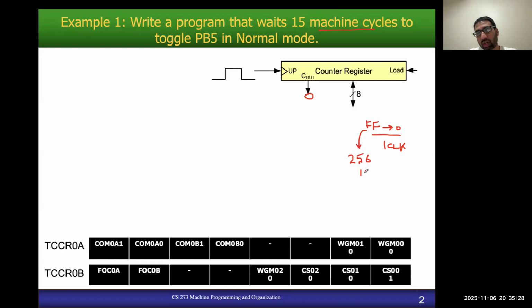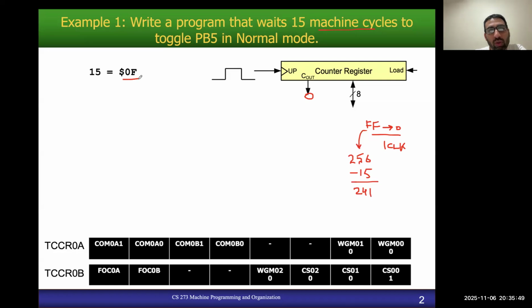Like you can do 256 minus 15, and I remember from last time it was 241. So you can simply put 241 in the register to generate a delay of 15 machine cycles, right? Here they have done this example using the hex code.